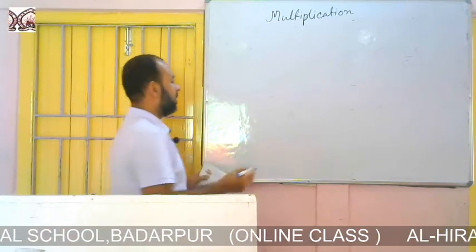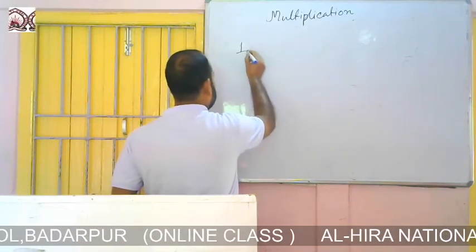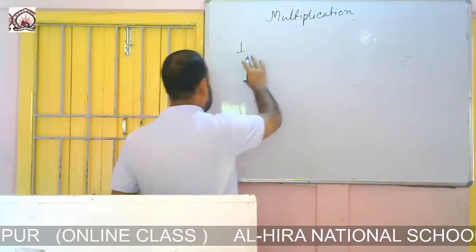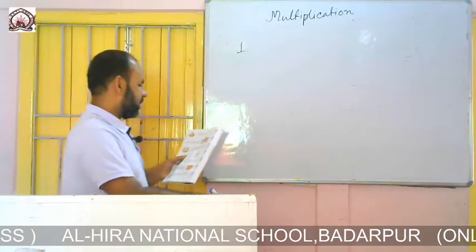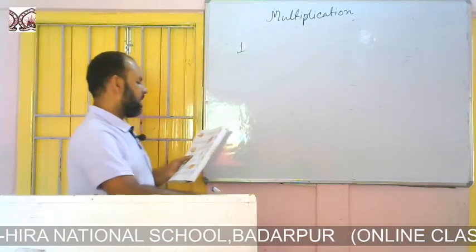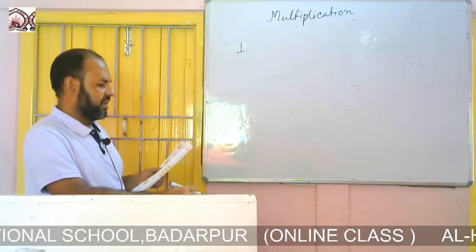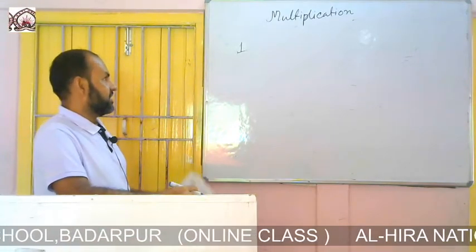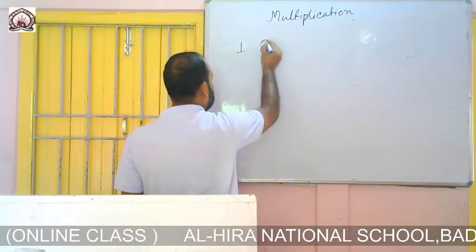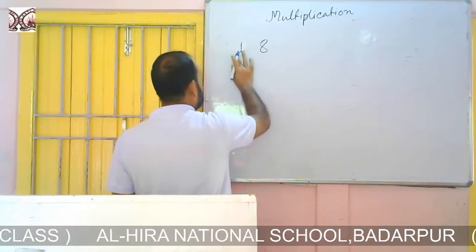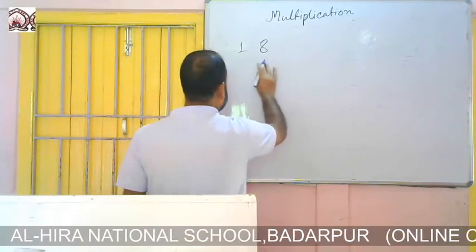So question number 1. Every day means in a day. So 3 pages every day, and how many pages does he read in 8 days? How many days are there? 8 days. And how many pages does he read every day? 3 pages.